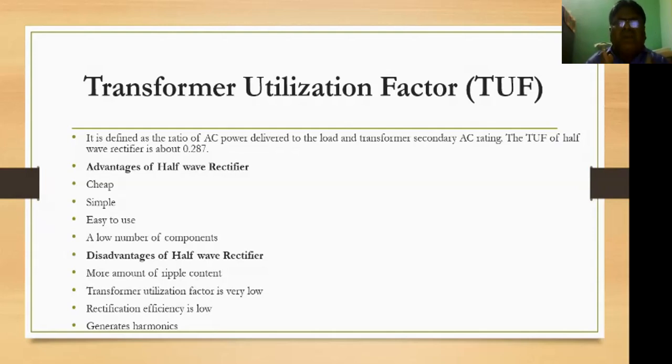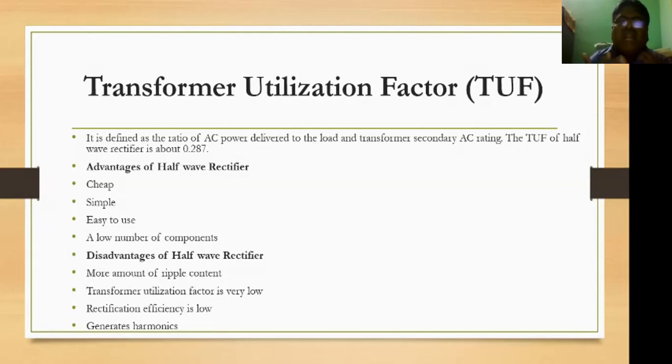So these are all the parameters, the analysis of the half-wave rectifier. Okay, please remember the final values. What is the efficiency of the half-wave rectifier? What is the ripple factor? What is the percentage regulation? What is the transformer utilization factor? These values must always be remembered. Why? Because from an objective point of view, in competitive examinations and in paper level also, this question will be asked.